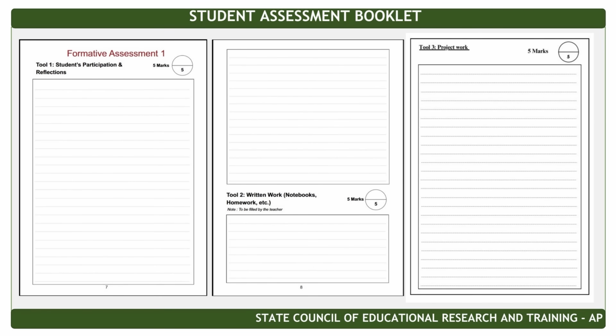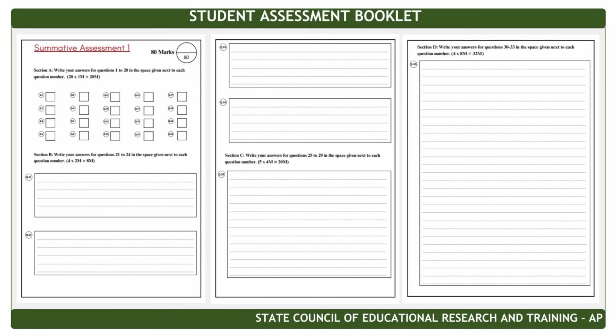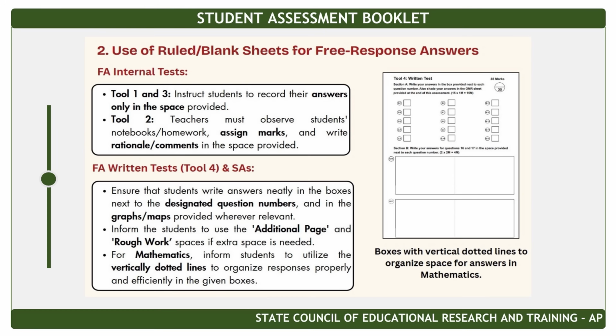So, in the student assessment booklet, this is how the ruled and blank sheets are used. Tool 1 and 3 instruct students to record their answers only in the space provided. For tool 2, teachers must observe students' notebooks and homework, assign marks, and write rational comments in the space provided.